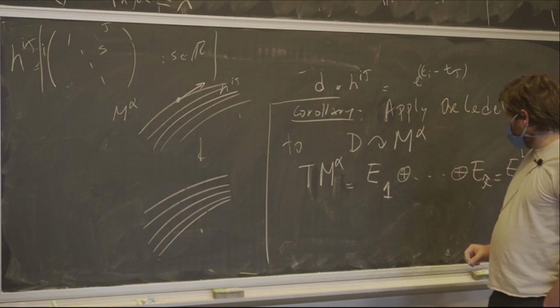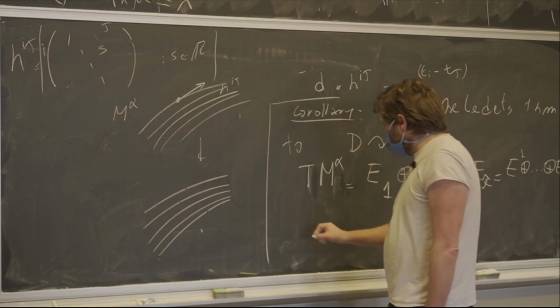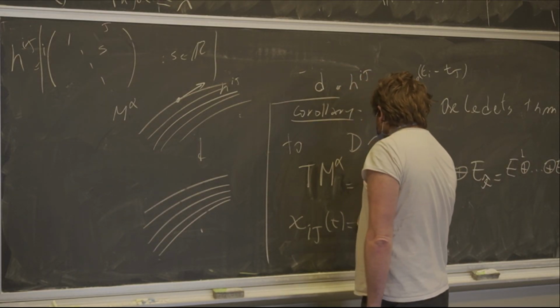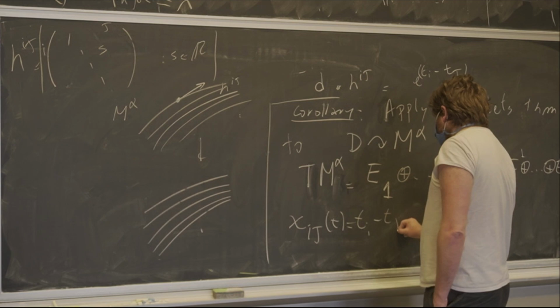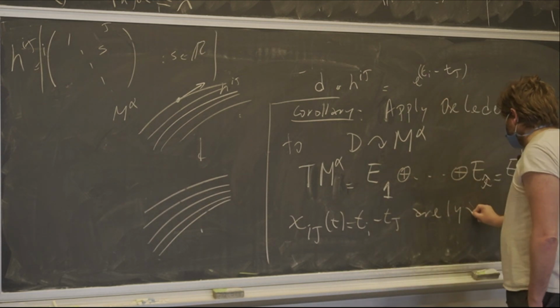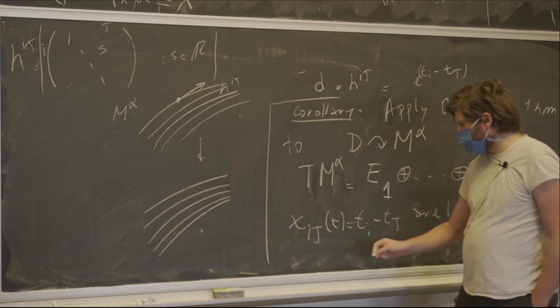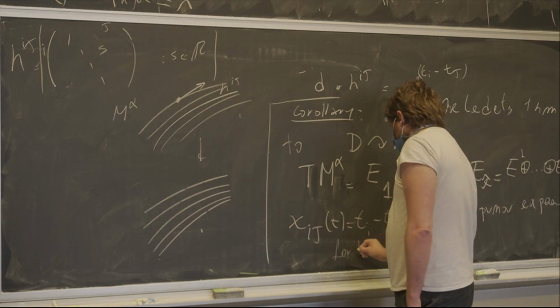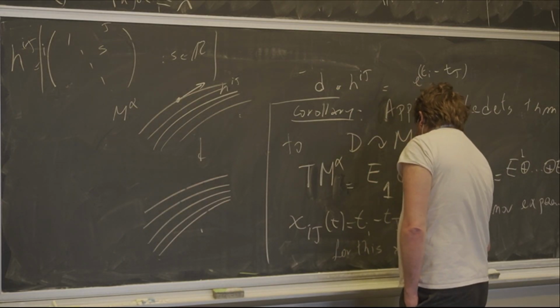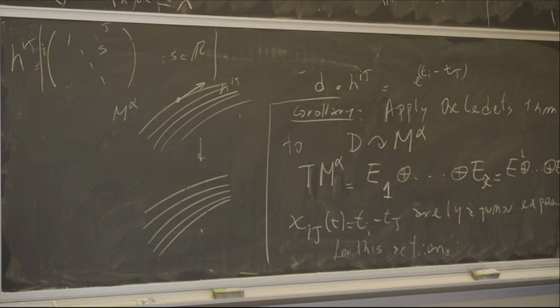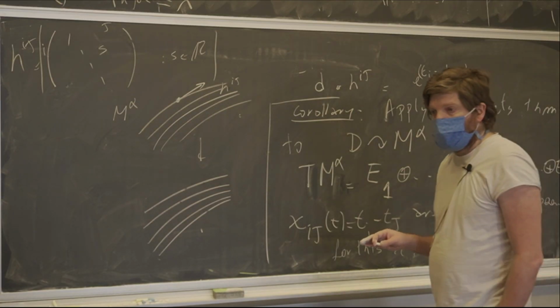And we know that this chi ij of t equals ti minus tj are Lyapunov exponents for this action. So there probably are more Lyapunov exponents, but I know I have these Lyapunov exponents.